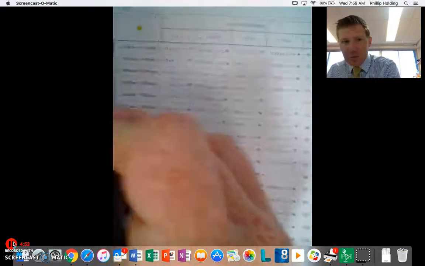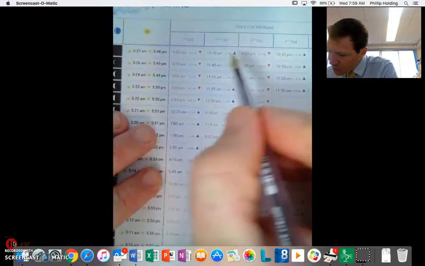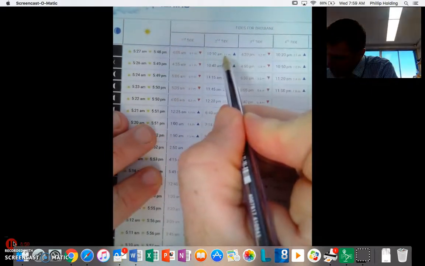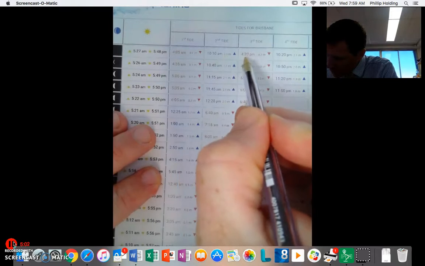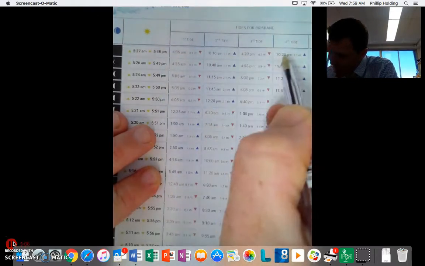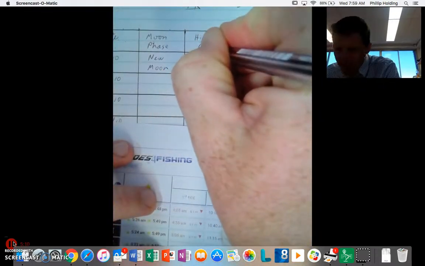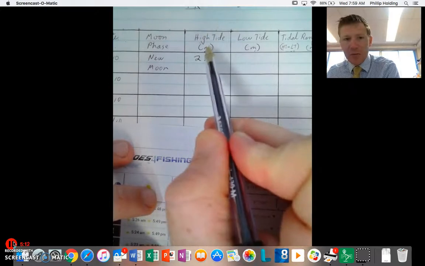So on the 1st, I go across here, 0.1, no, that's not particularly high. 2.1, that's a high tide. 0.2, no, and 2.1. So the highest tides, they're both the same, is 2.1 meters. Now, because I've already got the meters written up here, I don't need to rewrite it.